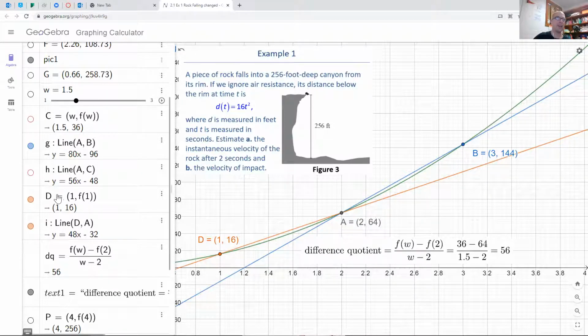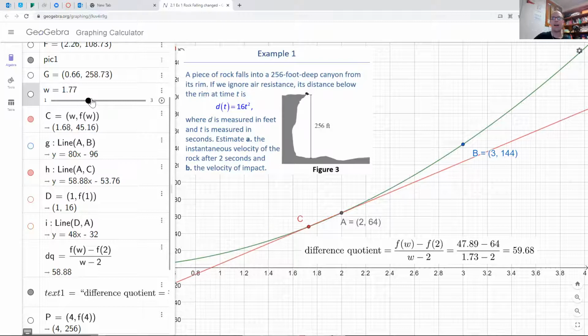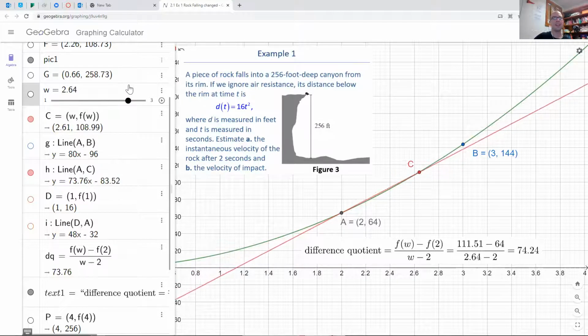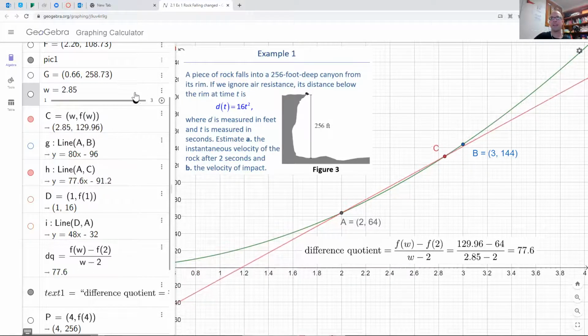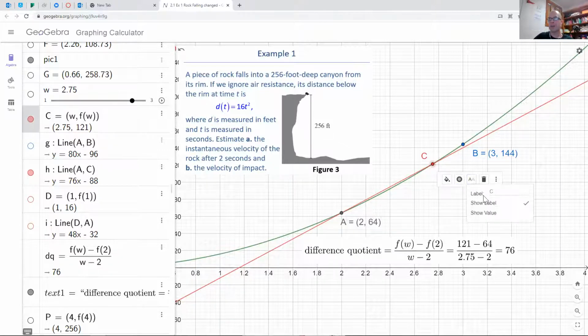And the way to get a better estimate is to have a line here, and I'm going to get rid of that line, where we can vary that extra point. Other than the one that we're trying to estimate, we've got this point C. And let me go ahead and turn on the values there so that you can see here.